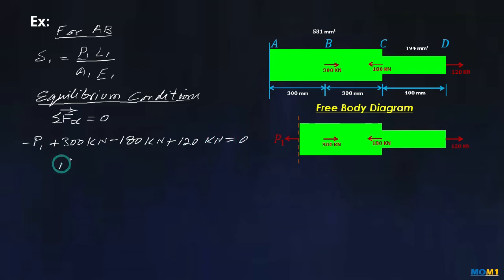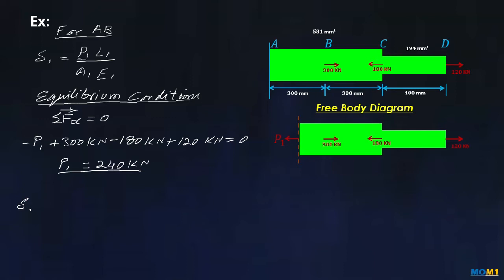After solving this P1 is going to be 240 kilonewton.